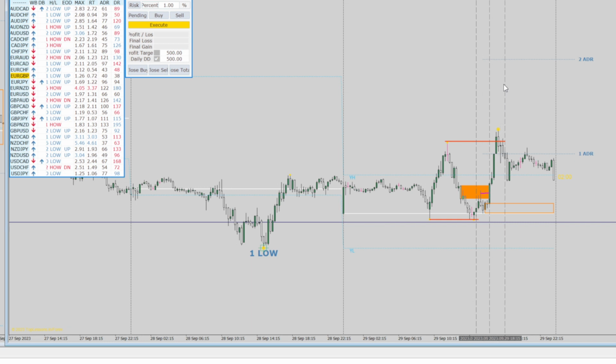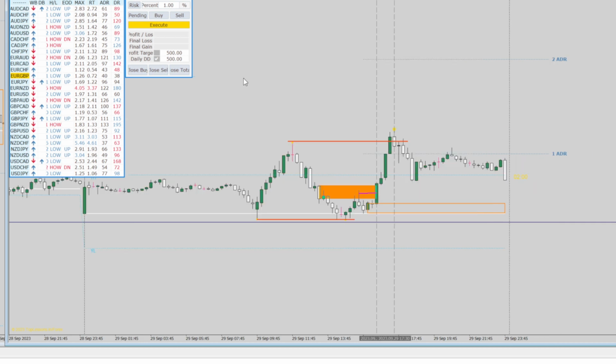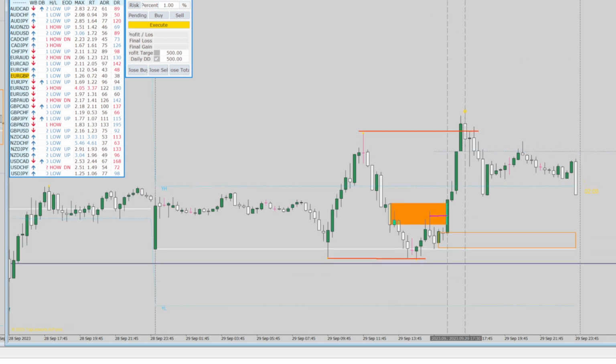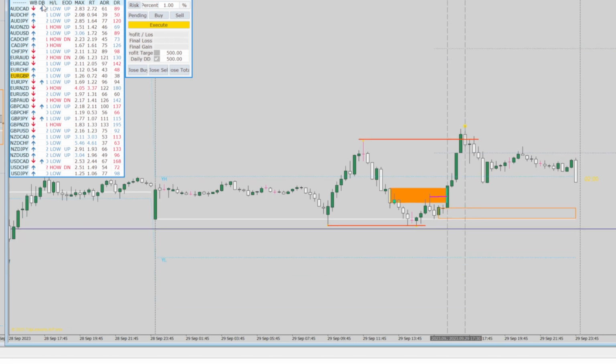I also want to identify 1030, because I've noticed that sometimes pairs move. We had news today at 8:30 and at 10:30. But this trade played out nicely, and this is M15.